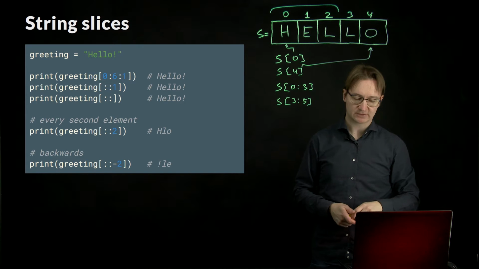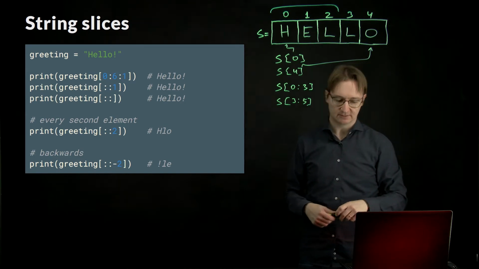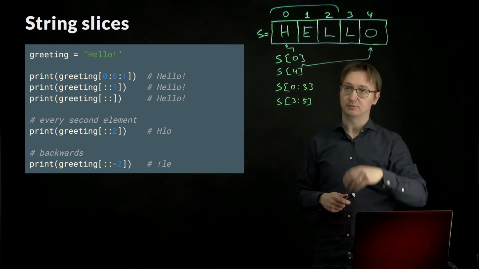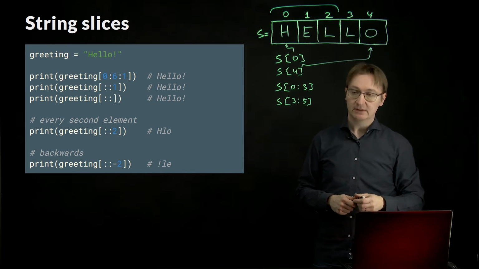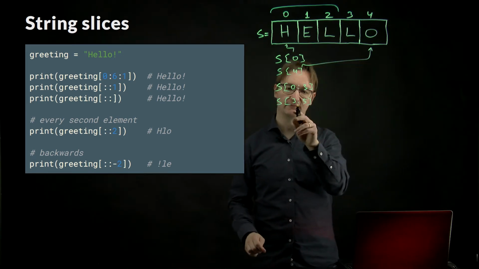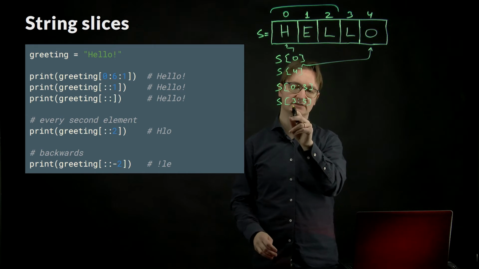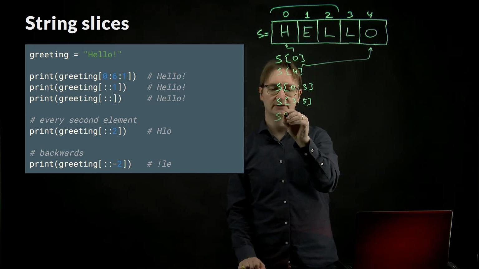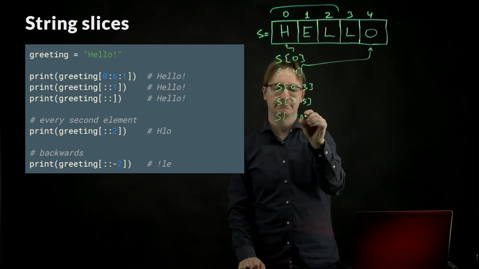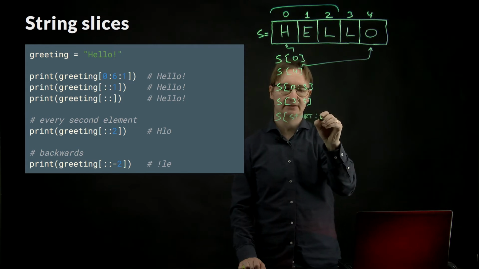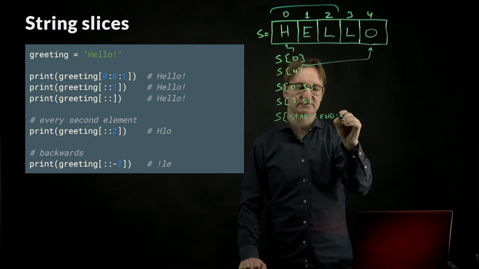Here are some more examples of slicing. I will write them on the board too. The general form of this slicing is that we have start, then we have end, and then we have step.